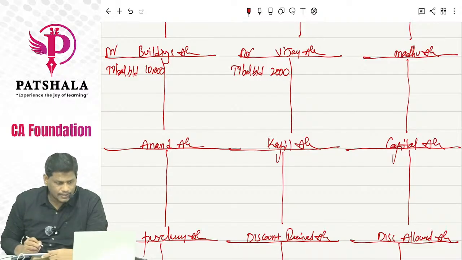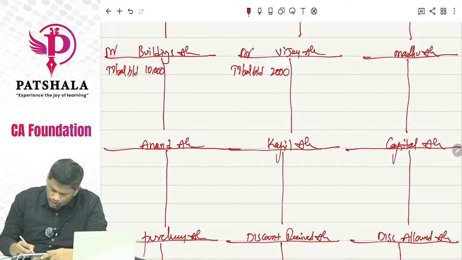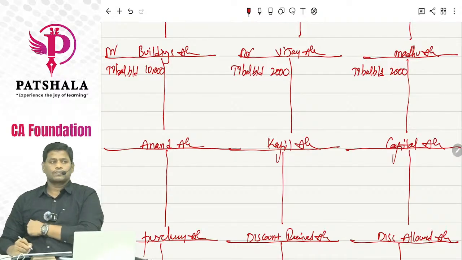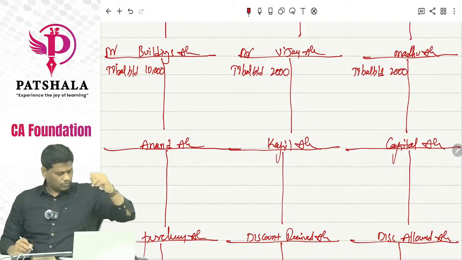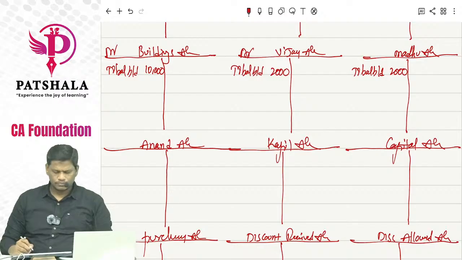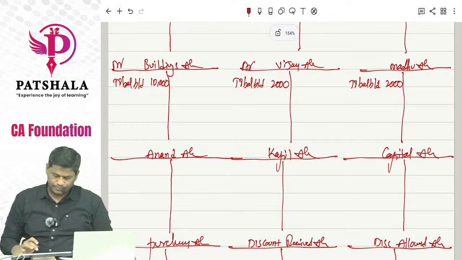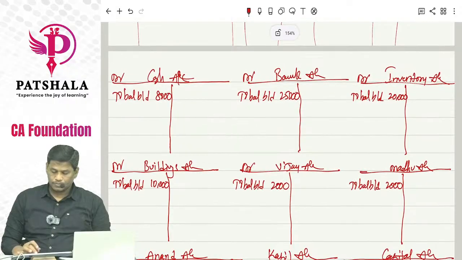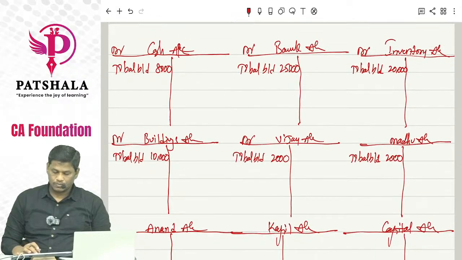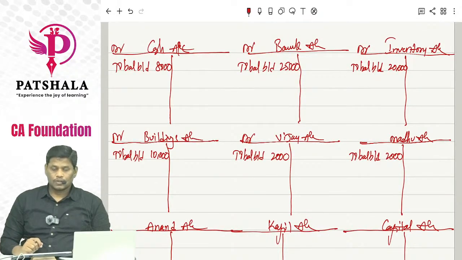Next, go to Madhu account. Same story. Write the date and write 'To balance brought down', 2,000. To balance brought down 1,000. Done?